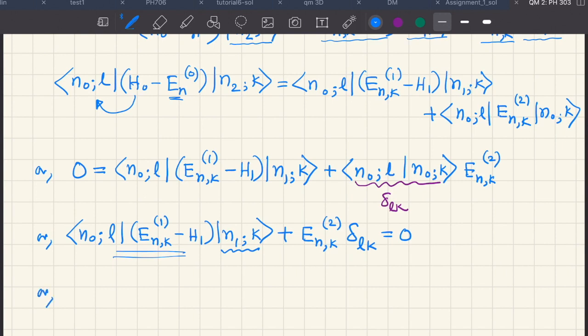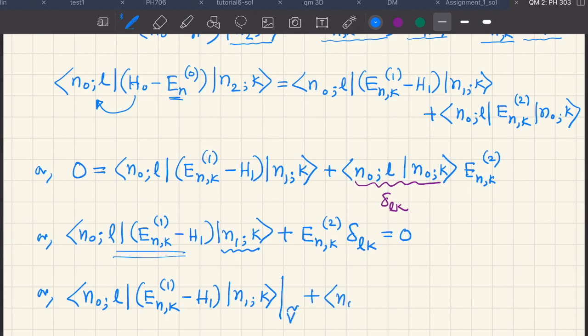So we will have something like this: <n0;L| (E_n^(k,1) minus H1) |n1;k> along V tilde, and the second term will be <n0;L| (E_n^(k,1) minus H1) |n1;k> along Vn, plus E_n^(k,2) delta_Lk equal to 0.